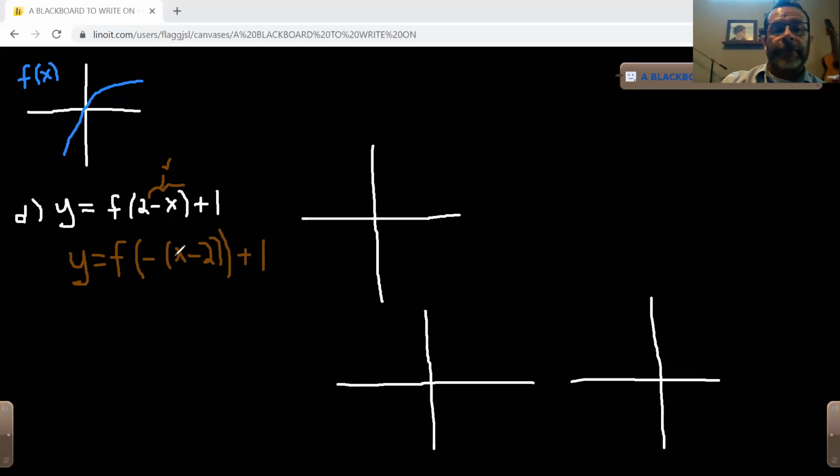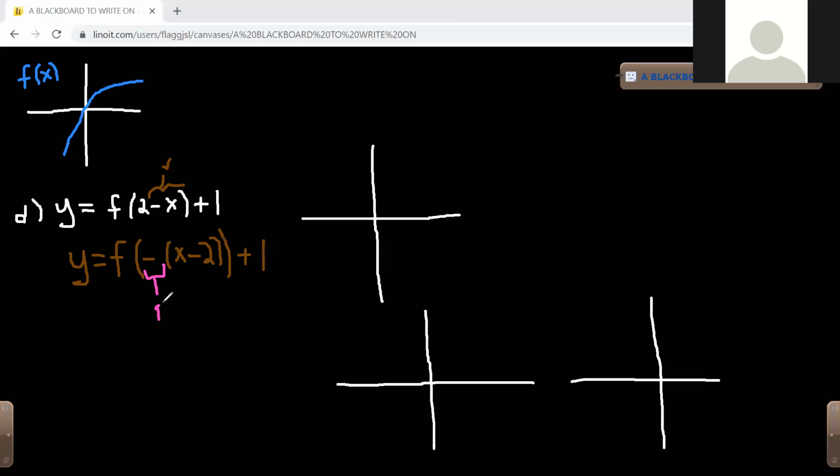Okay. And so this minus that we've got here, what is that going to generate? This minus here. Reflection. It's going to be a reflection, correct, Viviana? And it's going to be a reflection, in this case, with regards to what axis? Y-axis. So the y-axis.